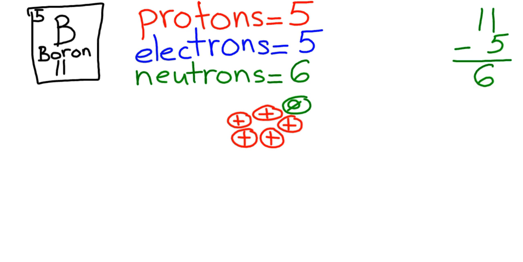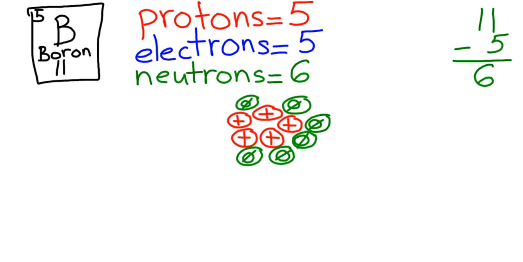That's the first one. 2, 3, 4, 5, and 6. I now have my entire nucleus with my 5 protons and my 6 neutrons.